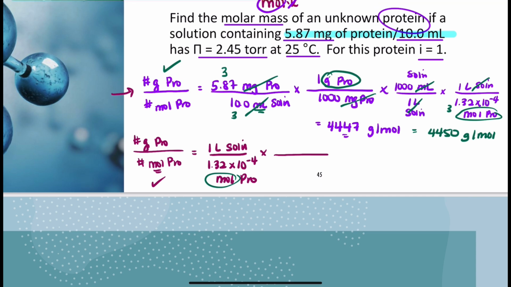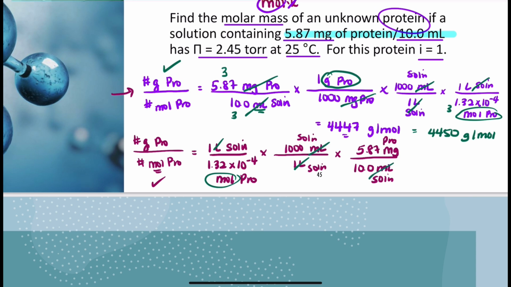But that's mils to liters. I know that I don't have a conversion there, but I do know that 1,000 mils is 1 liter. So that converts my liters for me. It tells me that every 10 mils of solution contains 5.87 milligrams of the protein.